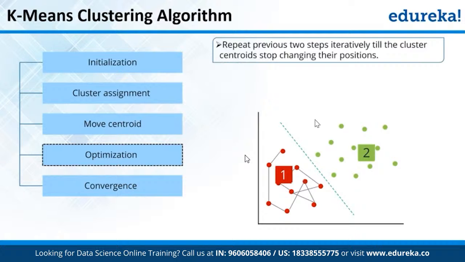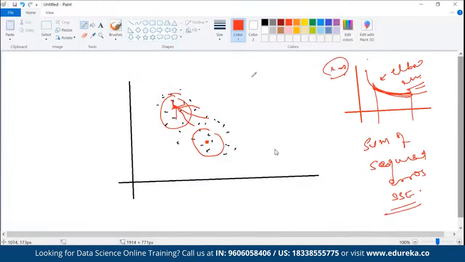For checking the accuracy, or whether you have got the best clusters or not, let's say this is cluster 1 and this is cluster 2. There are formulas: for each cluster you calculate the radius, R1 and R2, and compare them with the distance d12 between the clusters, to check if it has exhausted k or not.